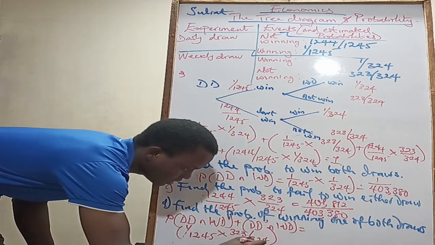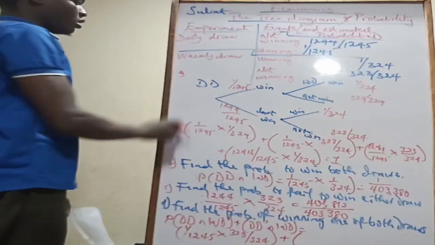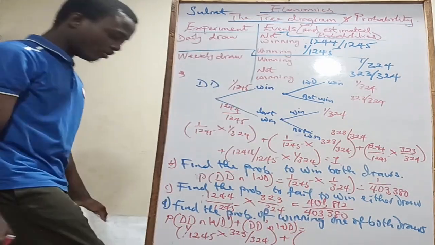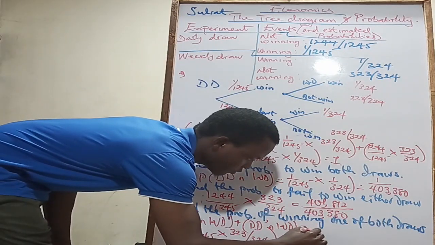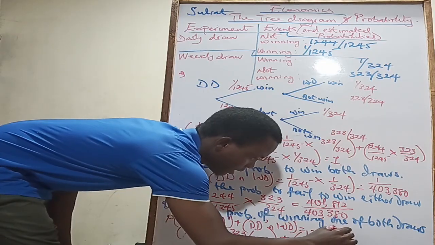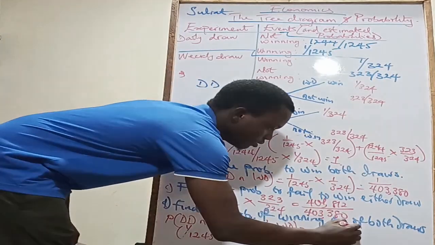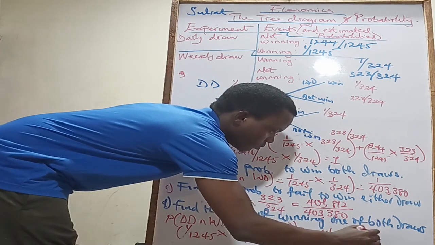So either this situation, which is a plus, or she doesn't win this, so 1244 over 1245, and she wins the other one, 1 over 324.